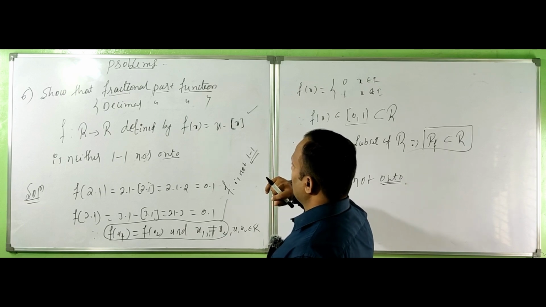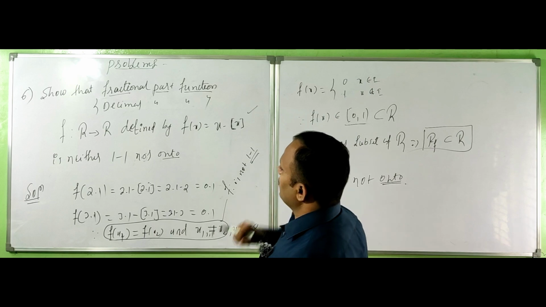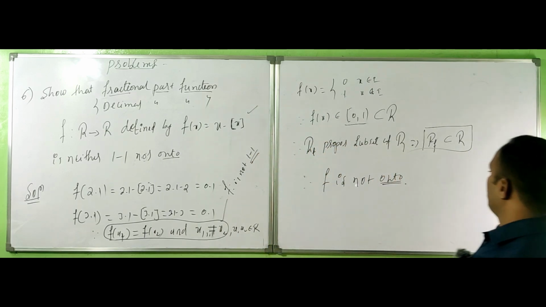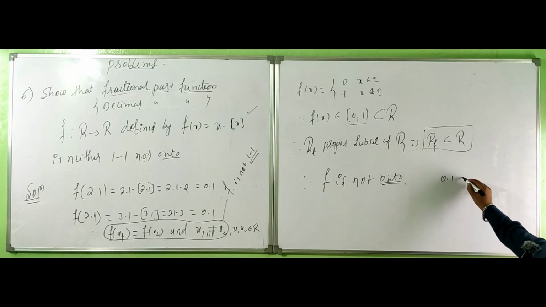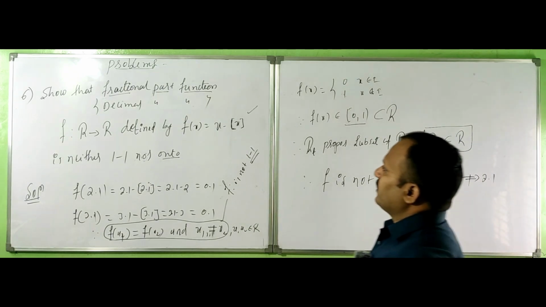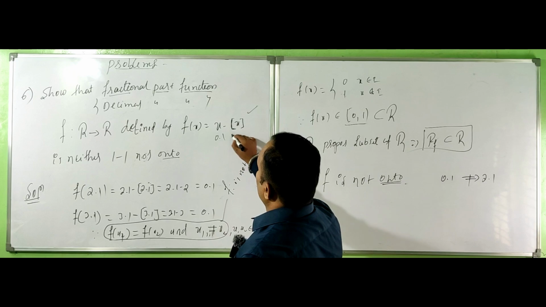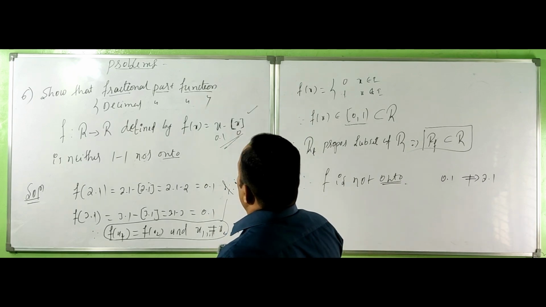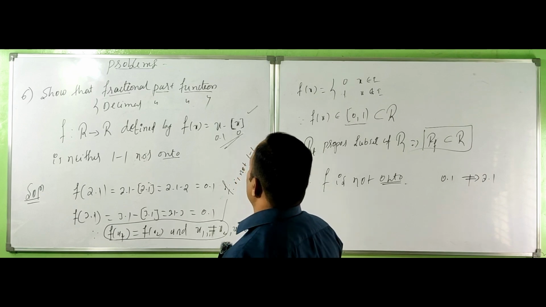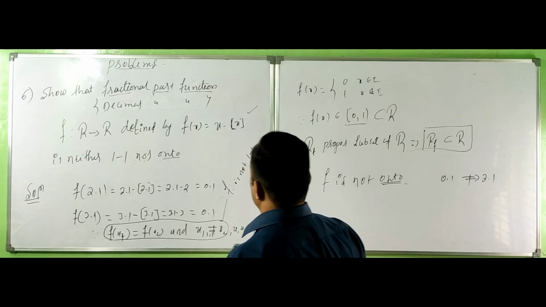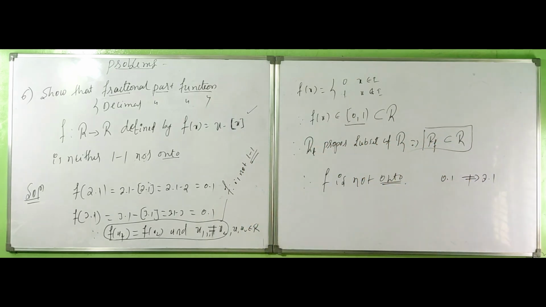Then how to get the value 2.1? You will never get the value 2.1. If you put the value 2.1, we never get the value 2.1. So 0.1 becomes 0. So the inverse is quite difficult.